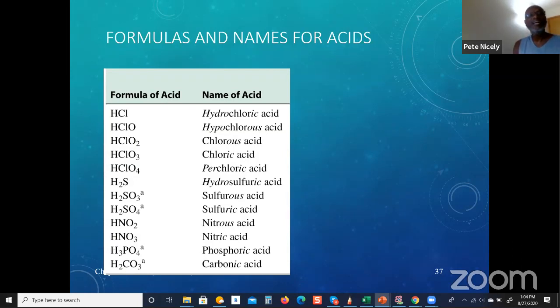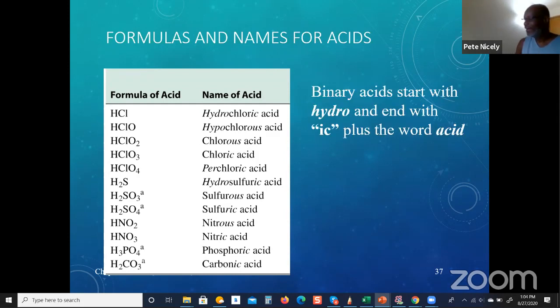The binary acid starts with hydro and ends with ic. In between, you're going to have the stem of the name of the other, non-hydrogen element present in that acid. So hydrochloric, hydrobromic, hydroiodic, hydrosulfuric, hydrophosphoric, and so on and so forth. That's how we name binary acids.